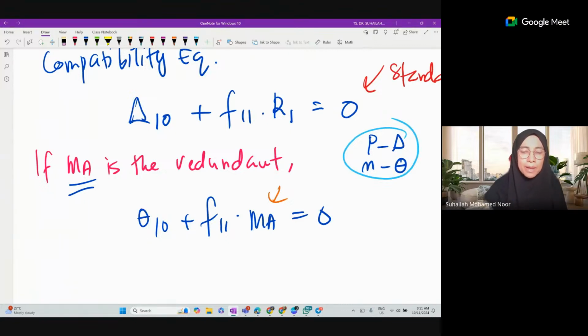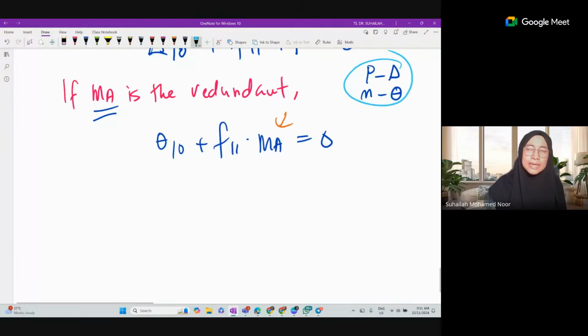Okay, so if MA is the redundant, the compatibility equation is written as theta 1 naught plus F11 times MA equals to 0.